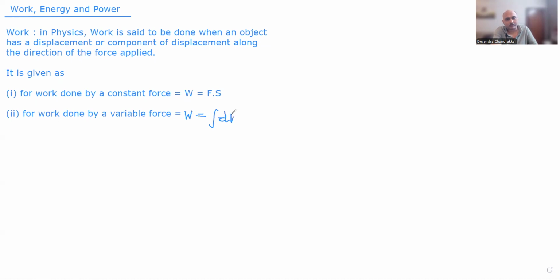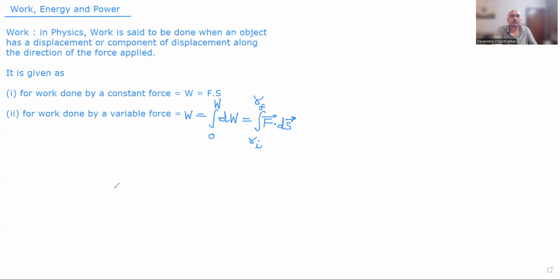W is the integral of dW from 0 to W, and this is equal to the integral of F dot ds vector from initial position to final position.